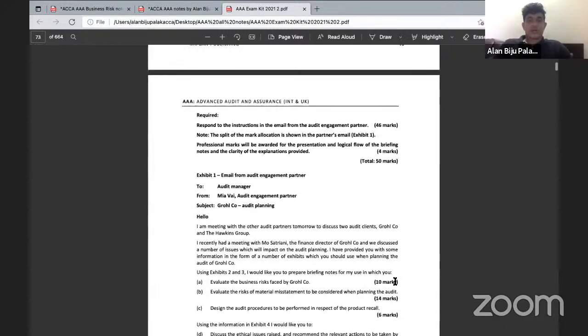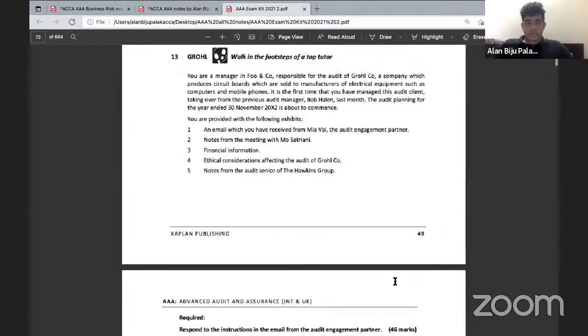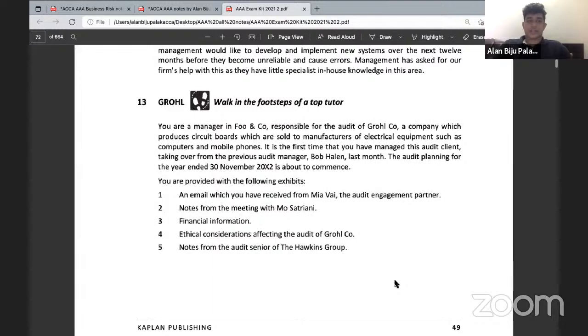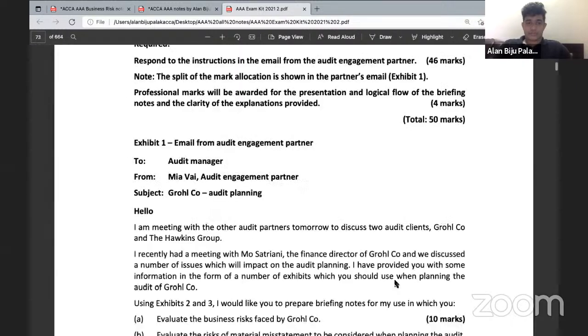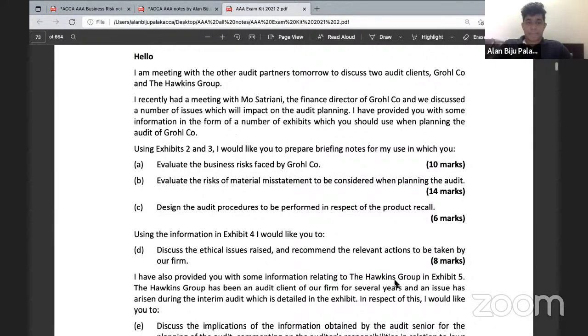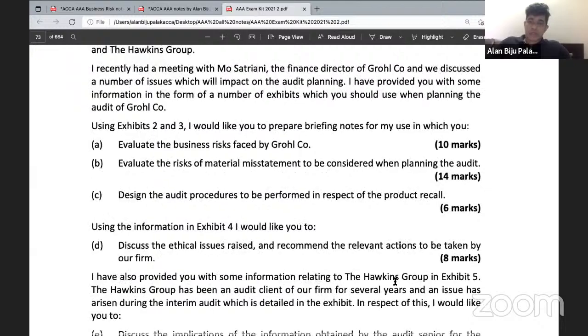Yeah, there's a question called Growl in your scenario. So please take question number 13, Growl. Basically we have got two questions here. In addition to the usual areas, the examiner has asked about the business risks being faced by the Growl company, which is a 10-mark question.